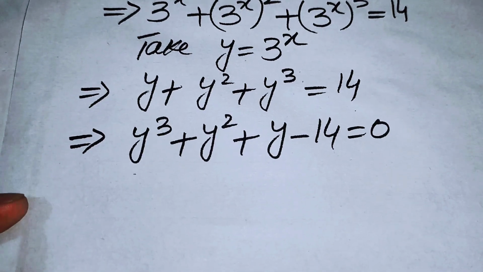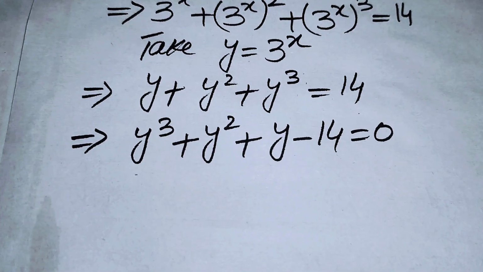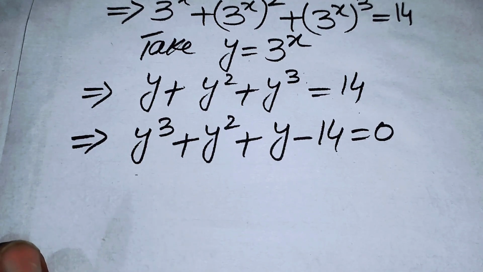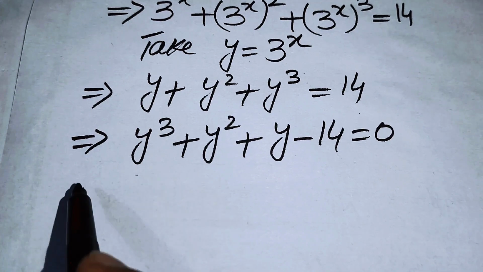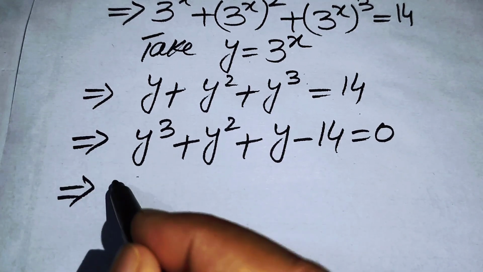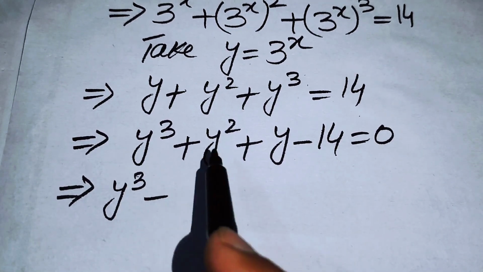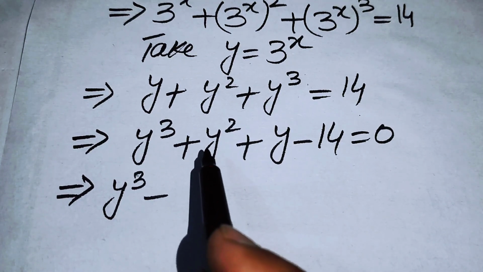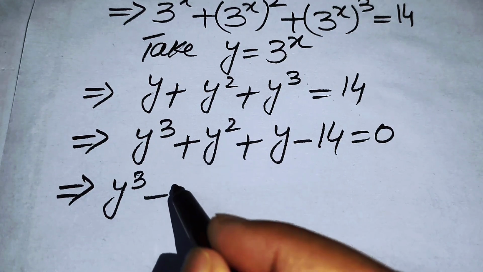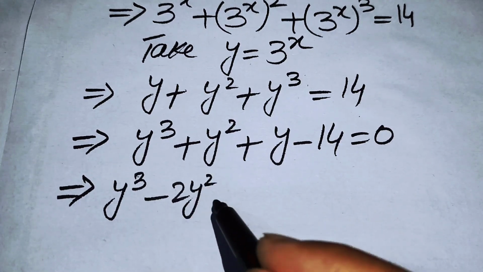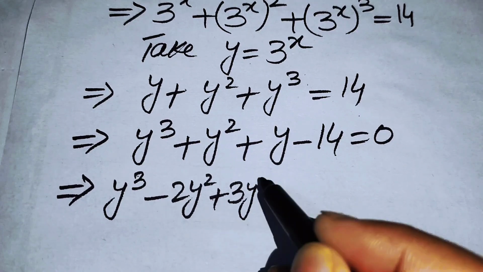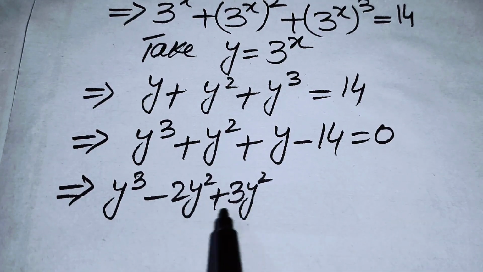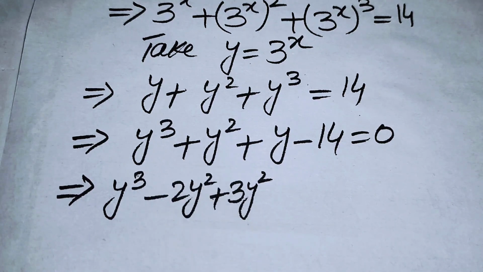And now we rearrange the terms in order to make the factors of this term. So here I can write y cubed plus, here you have y squared, and we will write this y squared as minus 2y squared plus 3y squared, because minus 2y squared plus 3y squared is equal to plus y squared.